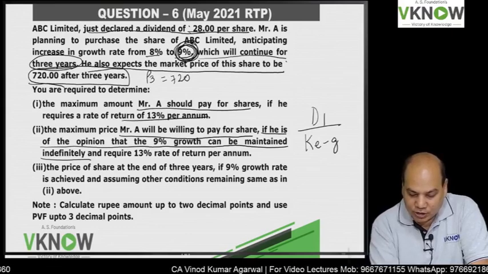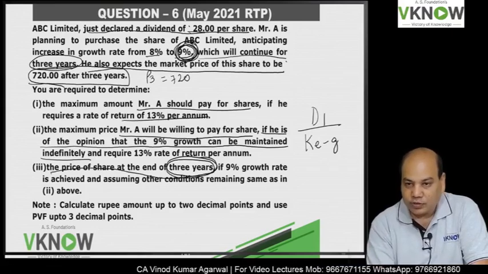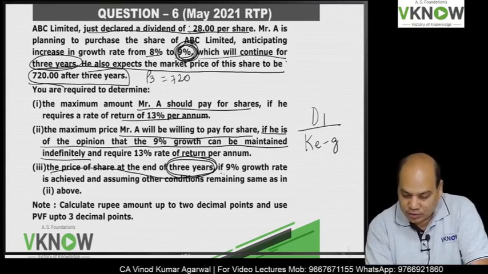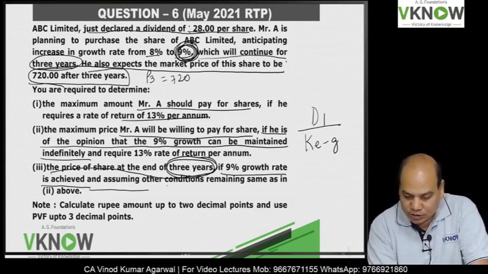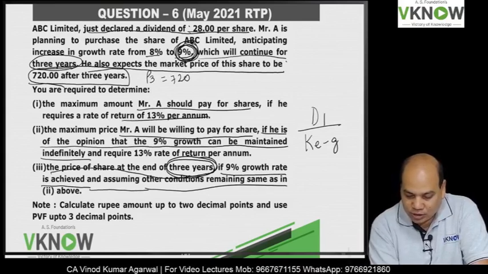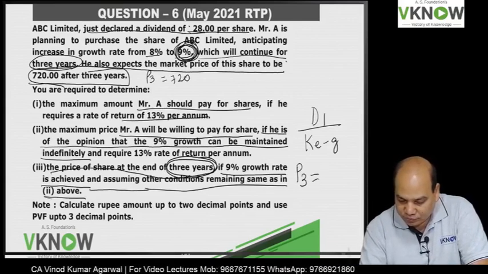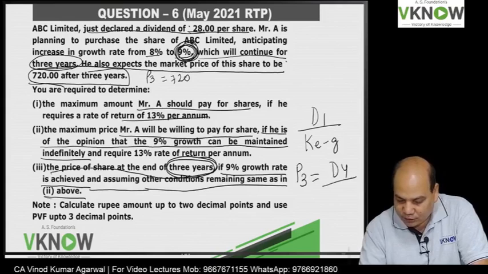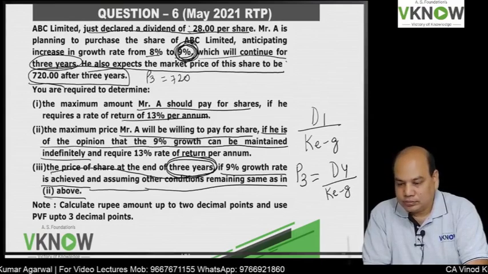The price of the share at the end of third year. What will be the price of the share at the end of third year if 9% growth rate is achieved, and assuming that other conditions remain the same as above? So you have to find P3. P3 will be D4 upon K minus G. Is it right?